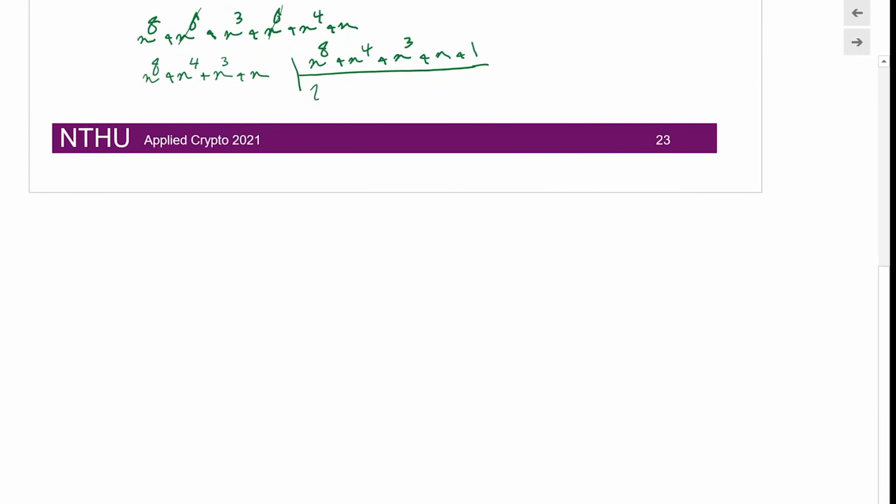It's just one time, so I just add them up together, x8 plus x4 plus x3 plus x plus 1. So these would cancel each other, this, this, this, right? And then the remainder would be 1, right?